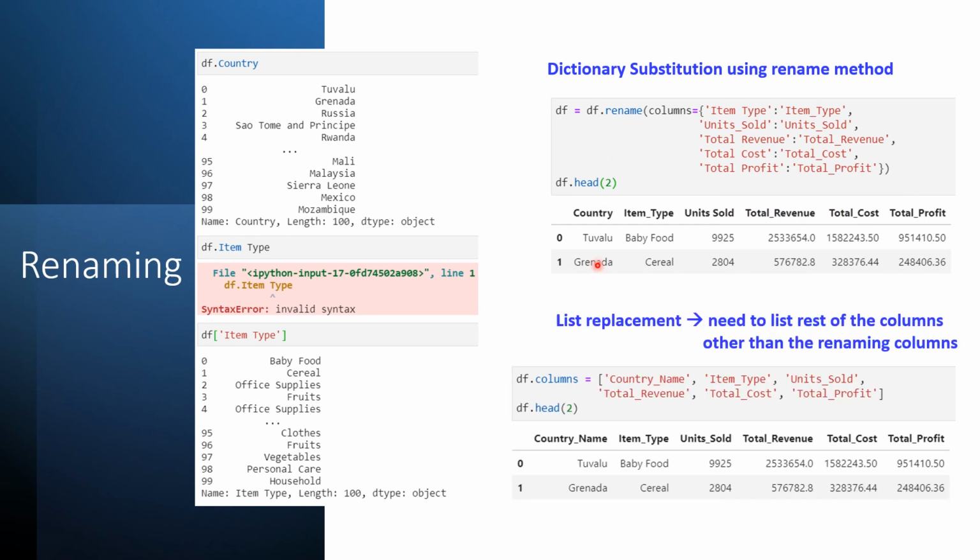My second approach is list replacement. However, with this method, I need to list the rest of the columns other than the renaming columns and assign it back to the df.columns attribute. I changed the country column to country name, which you can see in this printed data frame. So this is the dictionary method and this is the list replacement method.